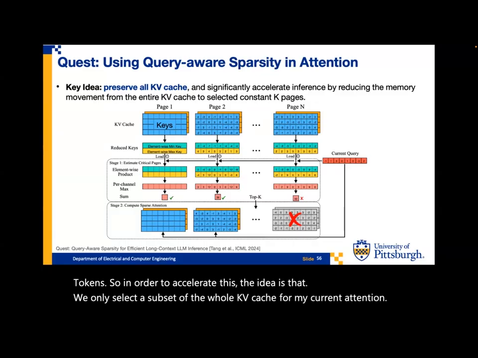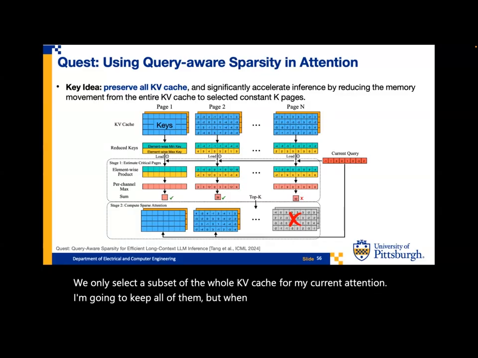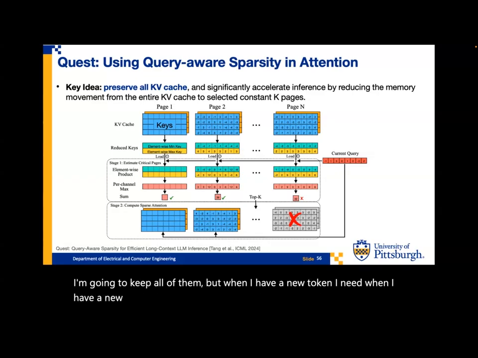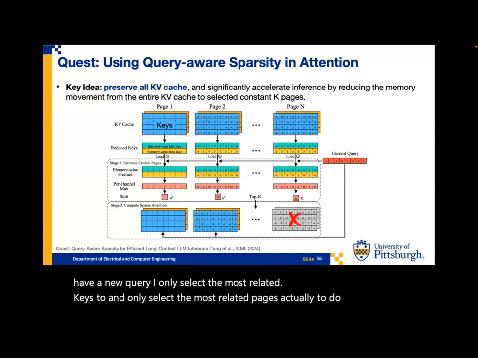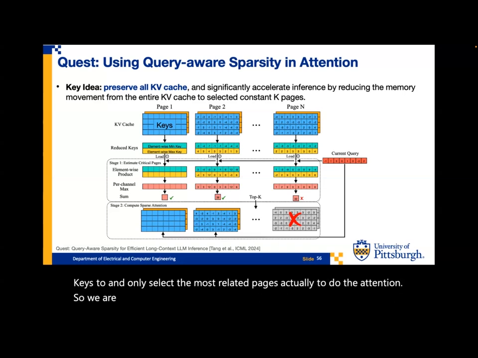I'm going to keep all of them, but when I have a new query, I only select the most related pages to do the attention. So we are dividing all these KV caches into multiple pages, and every time I have a new query, I only select the most related, most important pages.